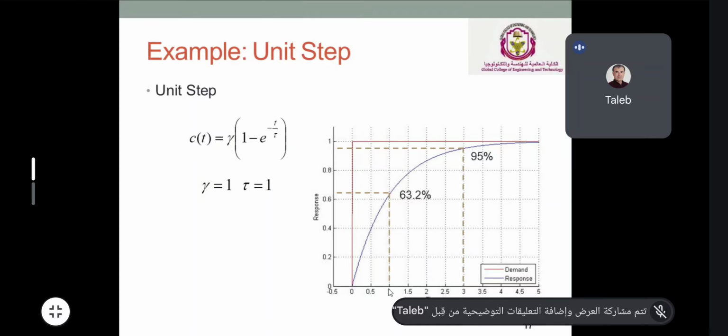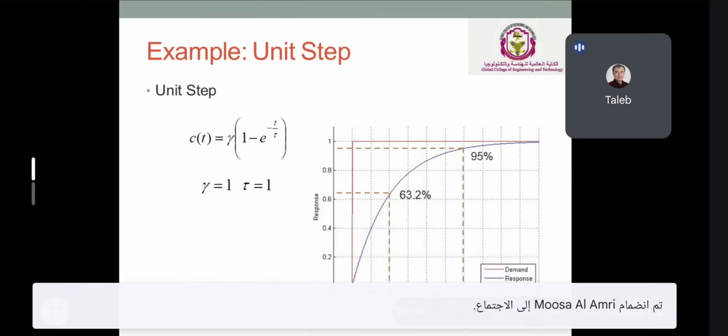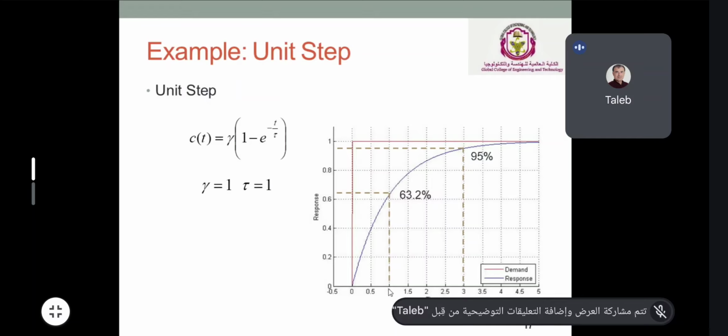So any first order system has a time constant value, which tells how quickly the system works, how fast it is. So it's about the speed, about the reaction of the system, the response time of the system to the input. If the system is very fast, then tau is very small. For example, here tau is 1 second.